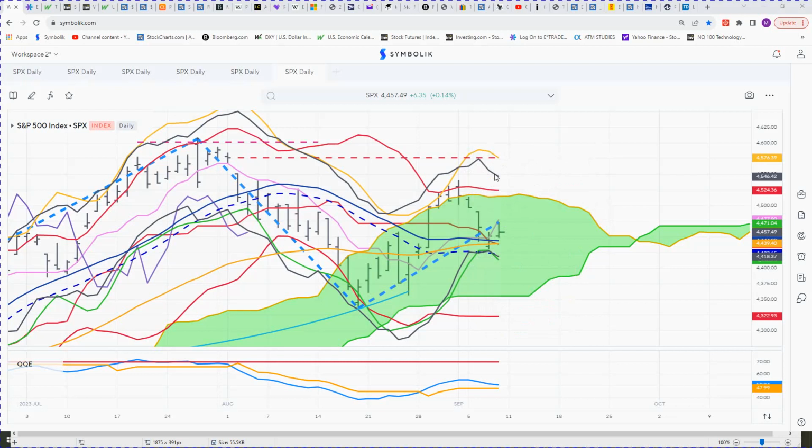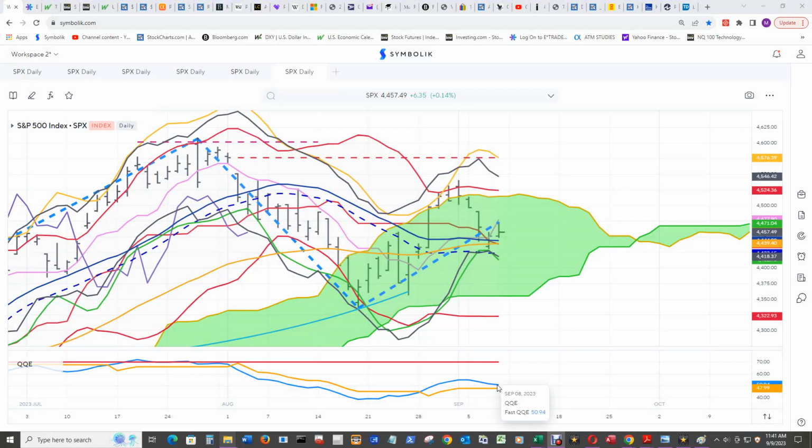So both the Stark bands and channel 3 are rolling over, and the fast QQE has not gone back under the slow QQE yet, which has gone sideways here. This slow QQE kind of planed out on the upper, with just a slight downwards trajectory, so it still has a chance to just skim off of there and head back up.